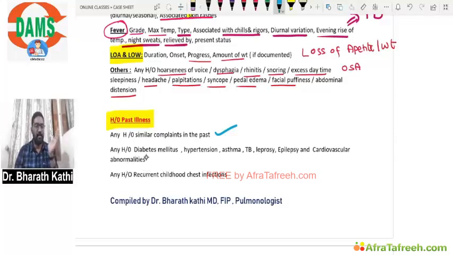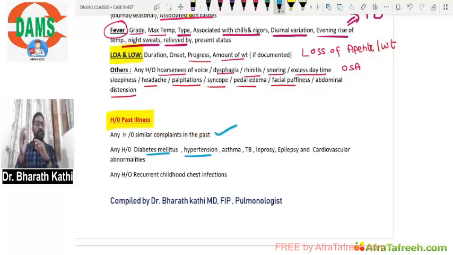History of diabetes is very important, hypertension is very important. Diabetes is closely related with so many lung infections, fungal infections, tuberculosis. Any hypertension? OSA with hypertension again is a deadly combination. Any asthma, any TB, any leprosy, epilepsy.